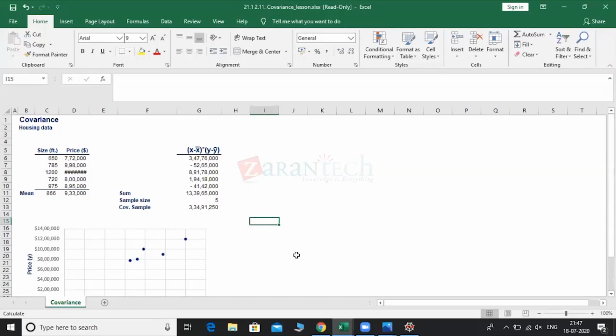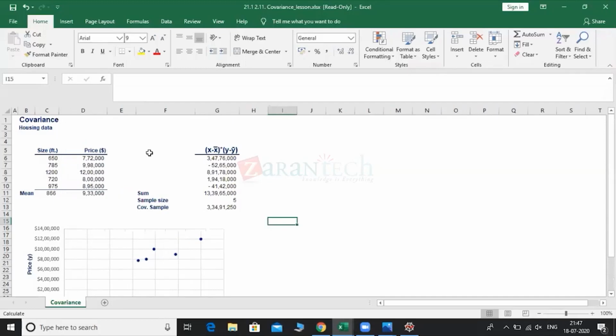So till now, whatever we have been doing, be it central tendencies or dispersive tendencies or variations like variance and standard deviation, have been applicable to just one data set, only one series, like size or price or income.